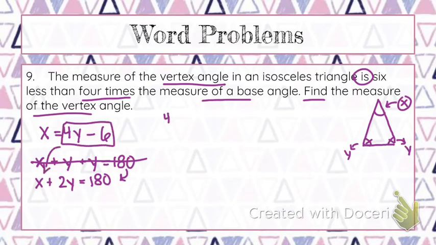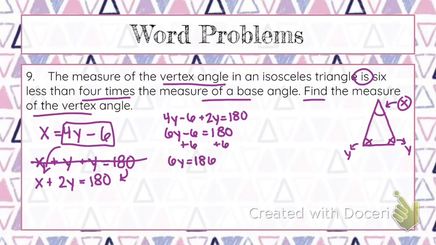So we have 4y minus 6 plus 2y equals 180. Combine like terms, we get 6y minus 6 equals 180. Add 6 to both sides, and we will get 6y equals 186. And then divide both sides by 6 to get y equals 31. And remember, this is in degrees.